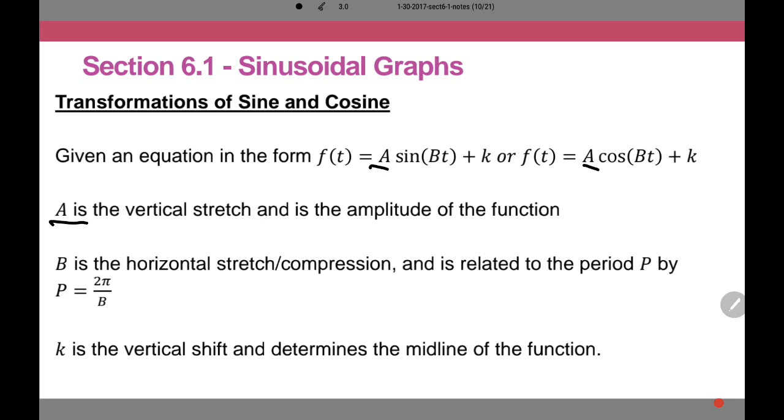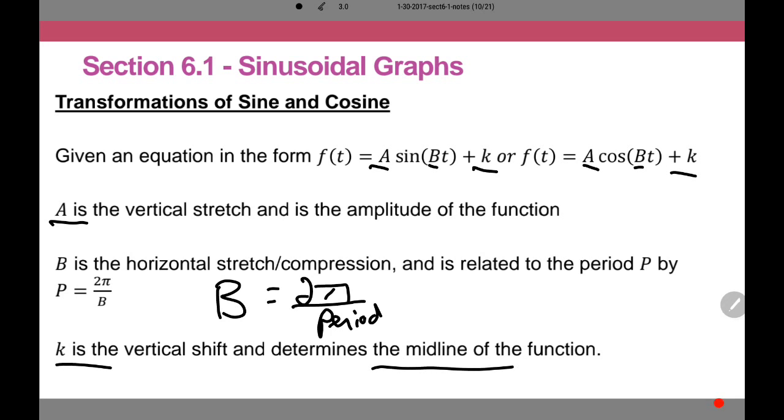So the period is equal to 2 pi divided by b, or b equals 2 pi divided by the period. Depending on what information you have, you can use either of these two to figure out what b is for your function. And k is the vertical shift, and it actually determines the midline.